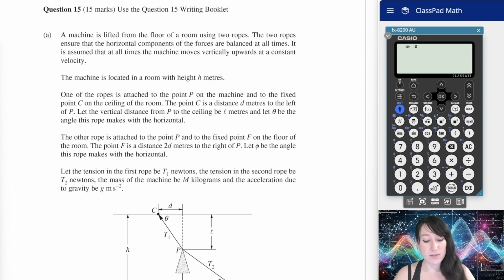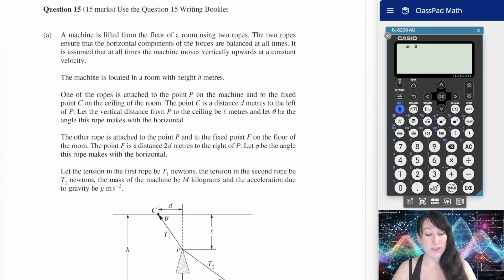Let the vertical distance from P to the ceiling be L meters, and let theta be the angle this rope makes with the horizontal. The other rope is attached to the point P and to the fixed point F on the floor of the room. The point F is a distance 2d meters to the right of P. Let phi be the angle this rope makes with the horizontal.